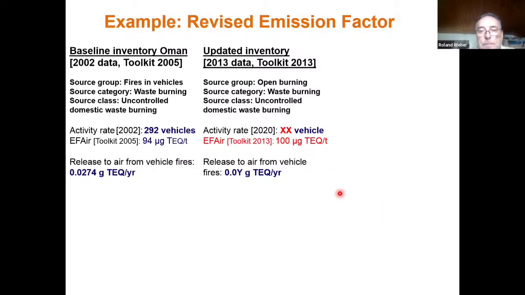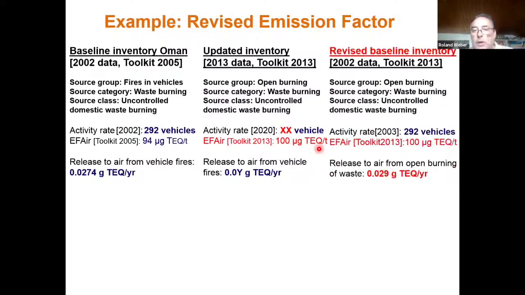Now the toolkit 2013 has changed the emission factor a little bit. Instead of 94 microgram TEQ, it is 100 microgram TEQ. So you will calculate your vehicle fires, but in addition, you need to revise the baseline inventory.